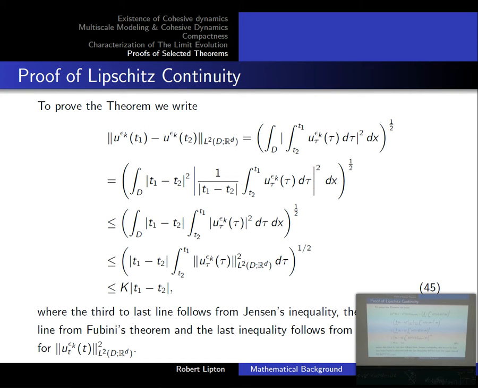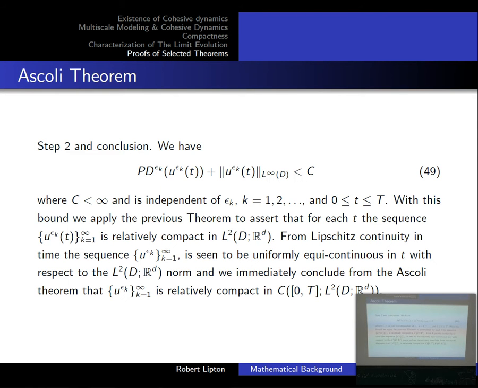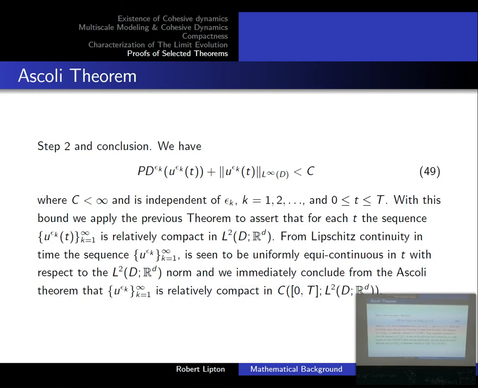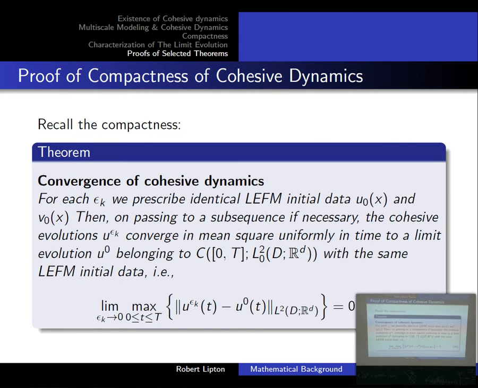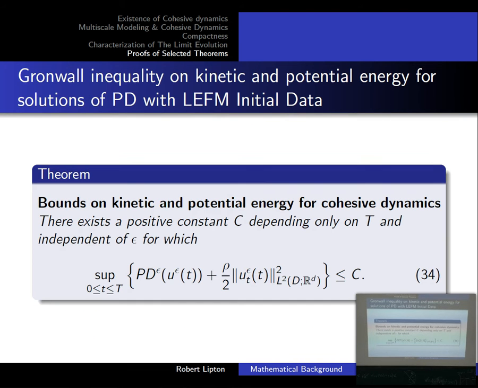And then finally we have a uniform bound on the time derivative of u from here. Oops, not yet, I'm going the wrong way. Let's go back the other way. Right here.